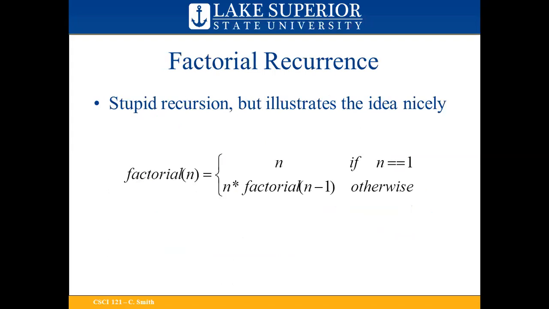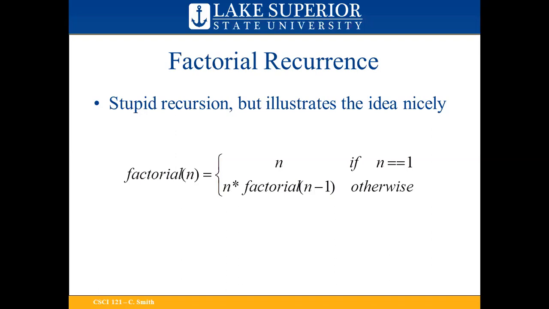Okay? So here's a factorial recurrence. This is really stupid recursion. It's easy to write as a for loop, but it illustrates the idea quite nicely. That is, the factorial of n is equal to n if n is equal to 1. So the factorial of 1 is 1. Makes sense, right? The factorial of 2 is 2 times the factorial of 1. So that's the second part.